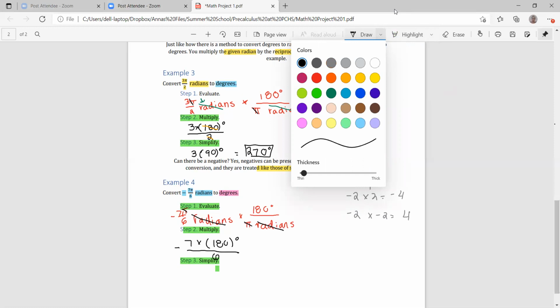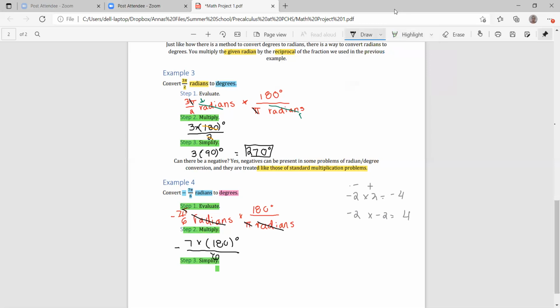Since these two share a common number, let's divide this and we will get 30 on top. So we have turned this to -7 times 30 degrees, which is a lot simpler than this. And we're going to finish off this problem by multiplying this out.